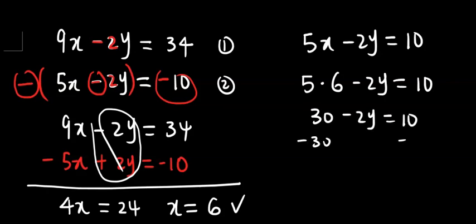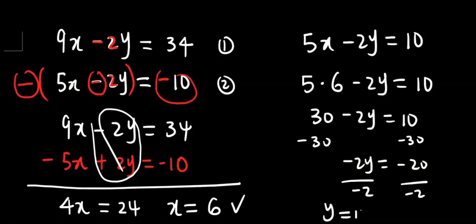Minus 30 on each side, negative 2y equals negative 20, divided by negative 2, divided by negative 2. y is 10. Did you also have a 10? All right, I'm going to change the color and write our final solution right here. x is 6 and y is 10. This is our solution to this linear system by using a method called subtraction.